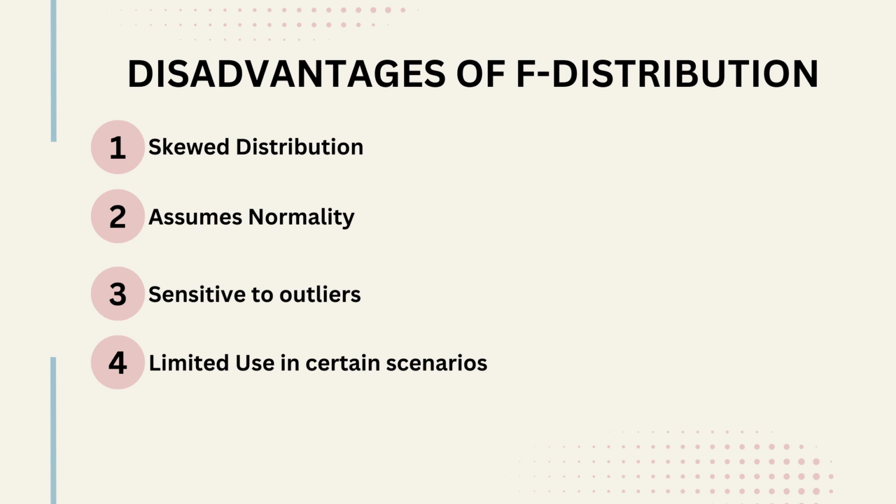Third point is sensitivity to outliers. The F distribution is sensitive to outliers, meaning that even a few extreme values can significantly impact the test result. And our last disadvantage is limited use. Its use is somewhat limited to specific types of statistical tests, particularly those that compare variances.